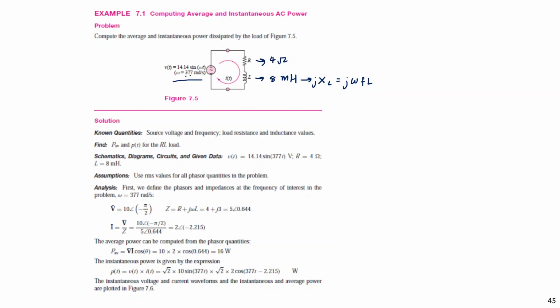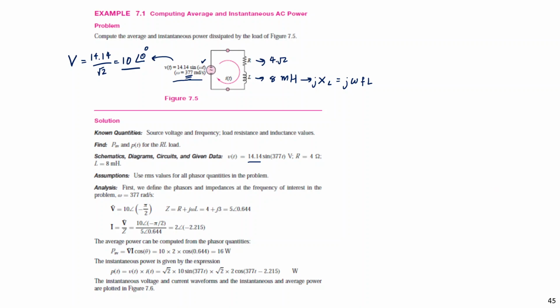Omega is 377. And the voltage is 14.14. What is the RMS value of this voltage? V would be 14.14 divided by square root 2, which is 10, and no phase shift. So this is the voltage in phasor form.